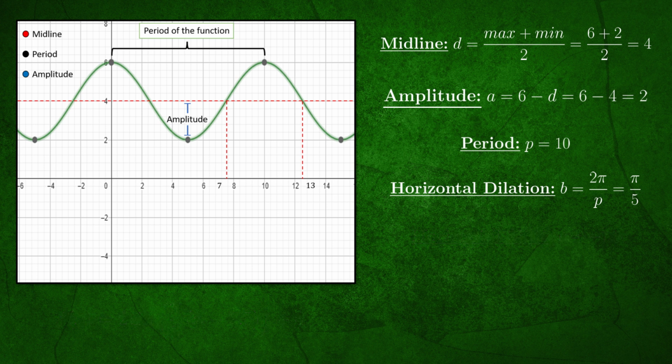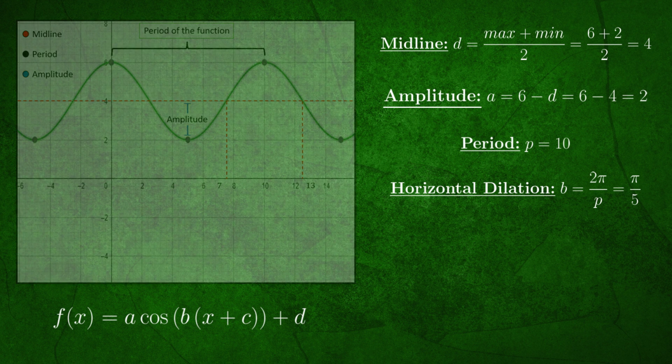Now, if we think of this function in terms of cosine, then we know that the function cosine of x as a sinusoidal function is equal to f of x equals a times cosine of b times x plus c, plus d. But the value of c representing the horizontal translation is different than the one that we got for the sinusoidal function in terms of sine. In this case, we have to think in the following way.